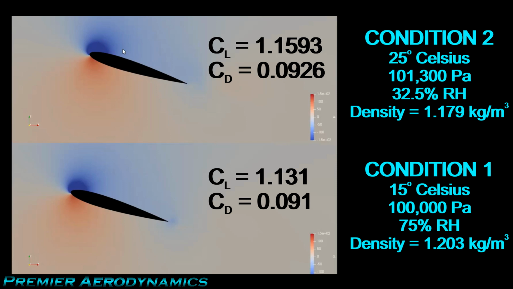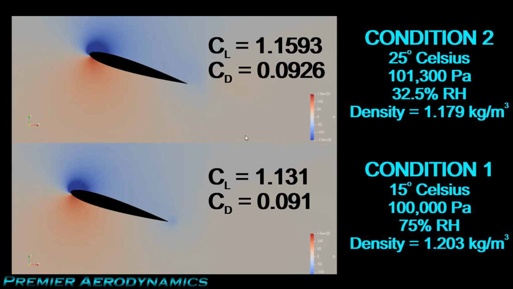The pressure on the top surface, the suction surface, is lower than for the other condition, and the pressure underneath is slightly higher. Also the low pressure near the leading edge is slightly more intense than the other condition. So that means that the flow physics is different. That's why we get the change in this error in lift and drag.